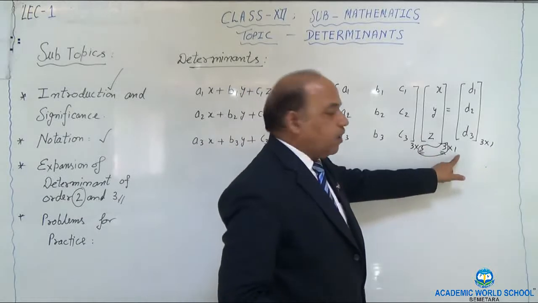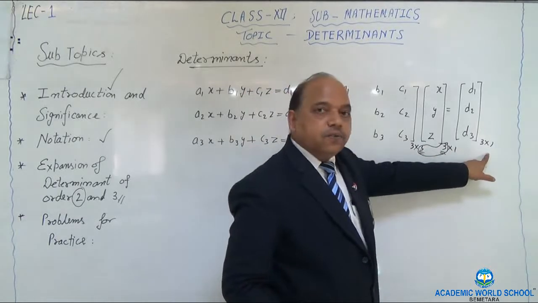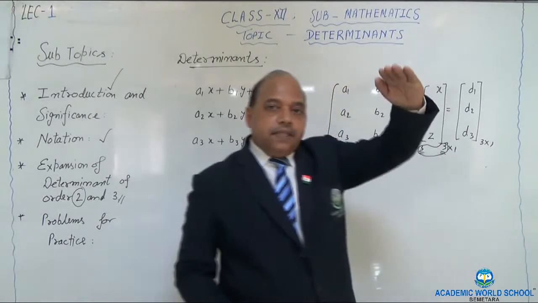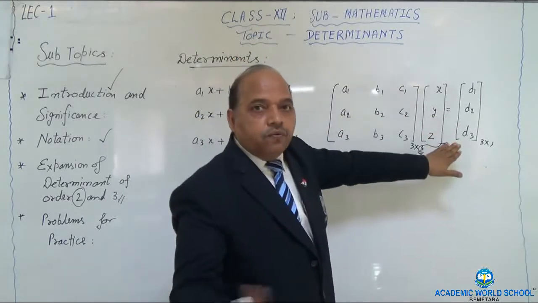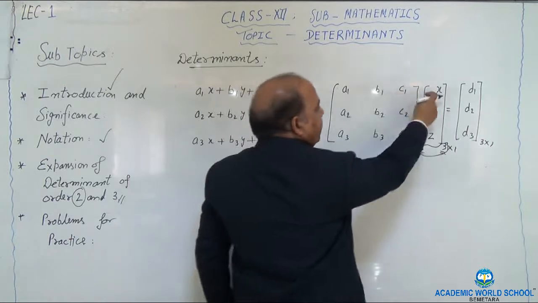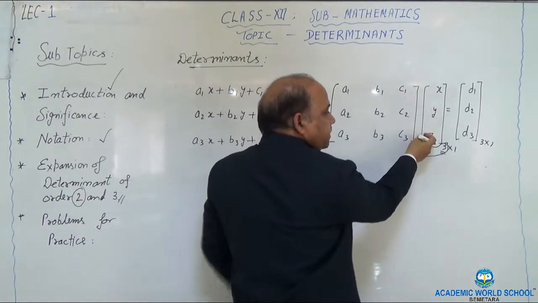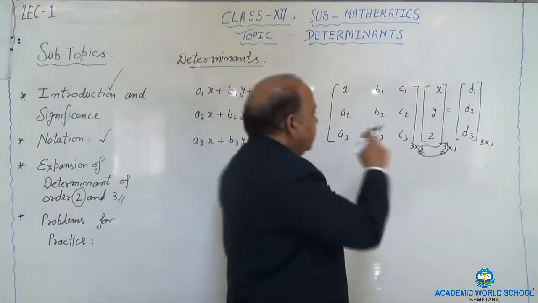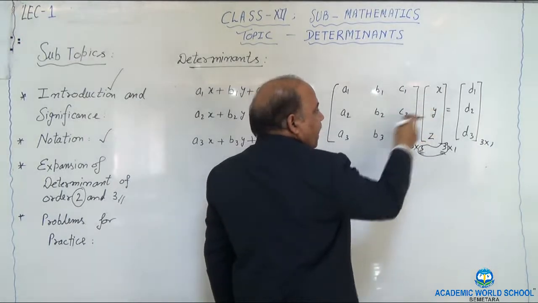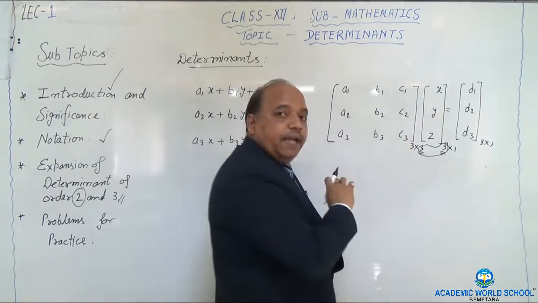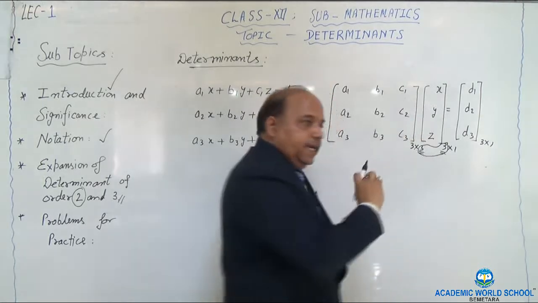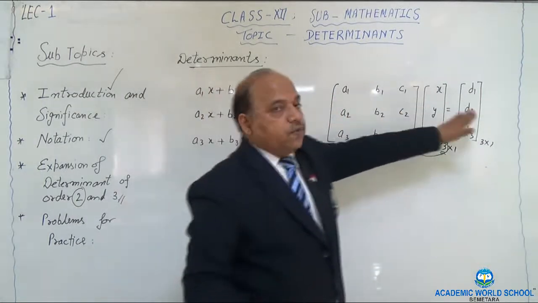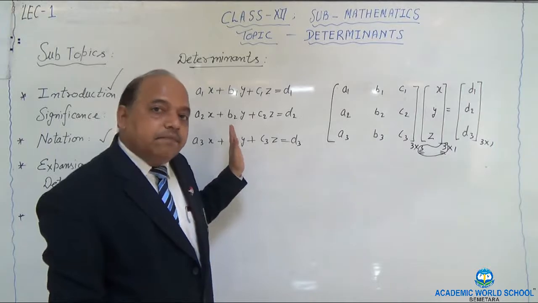It will be 3 cross 1, and the right side is also 3 cross 1. 3 cross 1 means there are 3 rows and only 1 column. So if we multiply, what will come? a1x plus b1y plus c1z will be the first row, a2x plus b2y plus c2z my second row, and a3x plus b3y plus c3z my third row. If I equate with this, you will be getting the same thing.